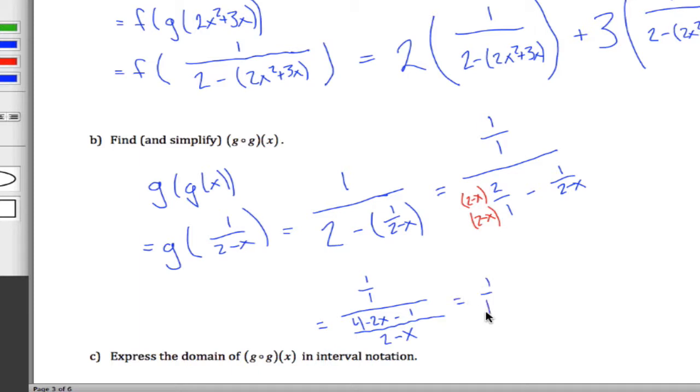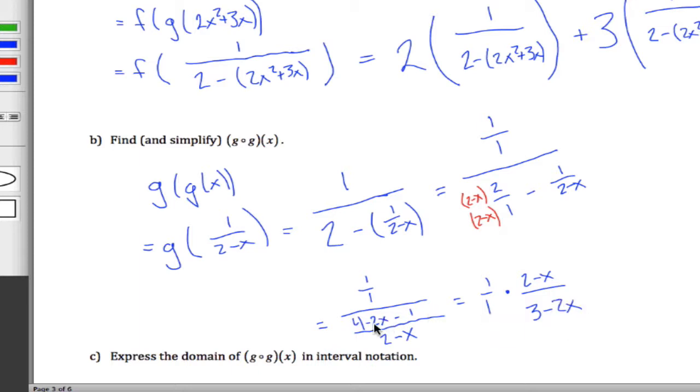Now, I have a fraction divided by a fraction. The way you divide fractions, kind of like multiplying fractions, except you multiply by the reciprocal of the denominator. What I'm saying is take this thing and flip it upside down. Instead of this over 2 minus x, 2 minus x over this. If you want, instead of 4 minus 2x minus 1, you could say 3 minus 2x.